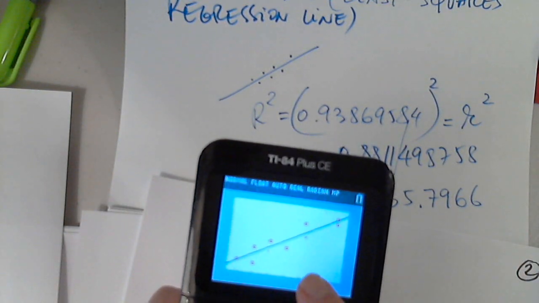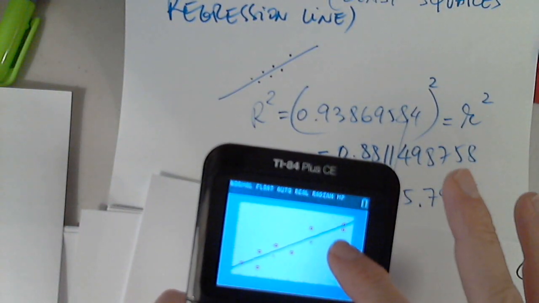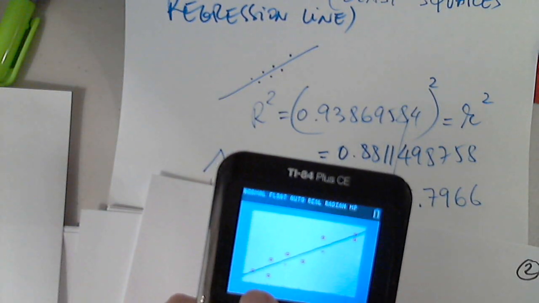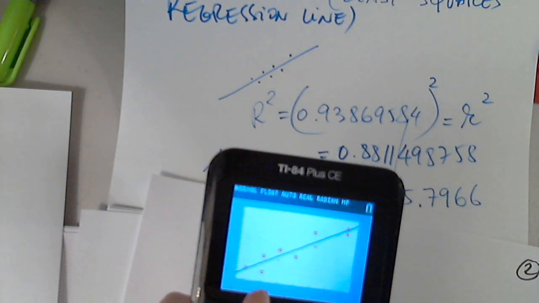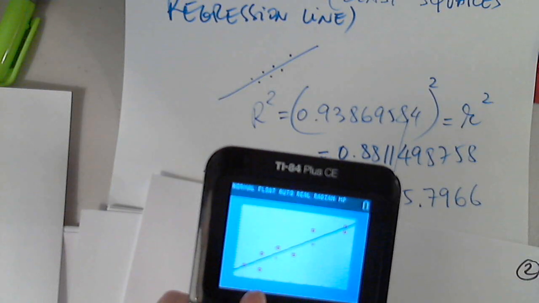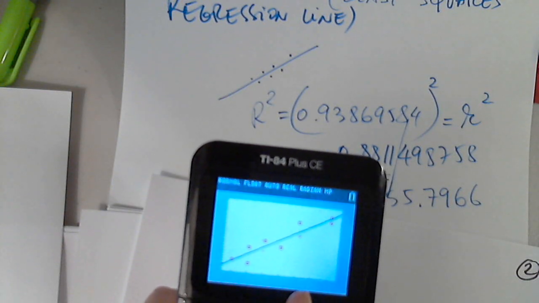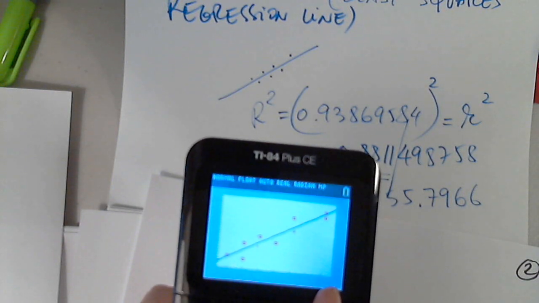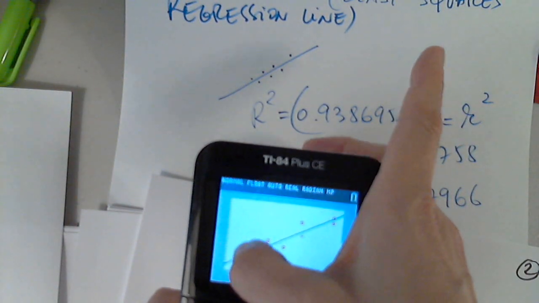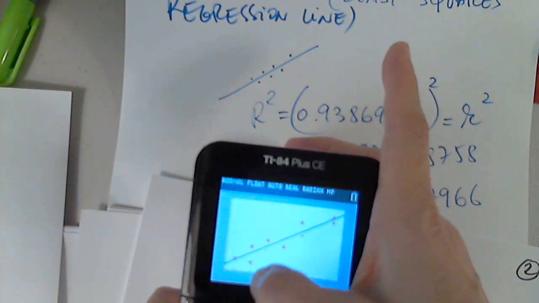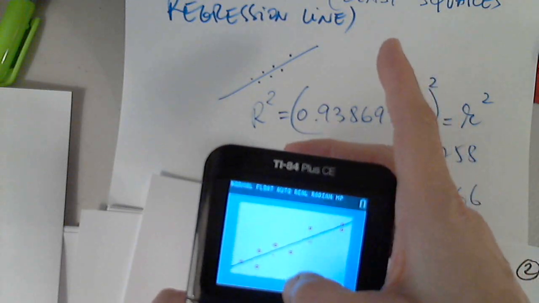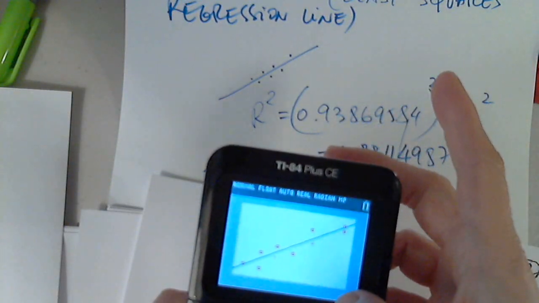So keep this in mind. I'm going to graph this. I'm not going to graph the X and Y intercepts, because these numbers are at 99, 100, 101, 102, 103, and 105.